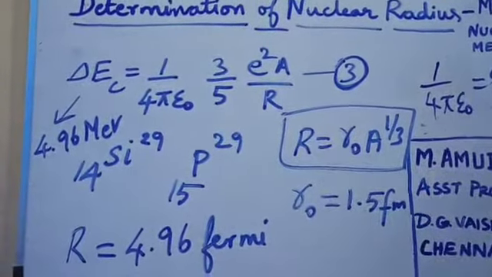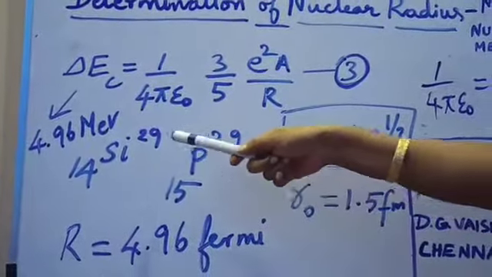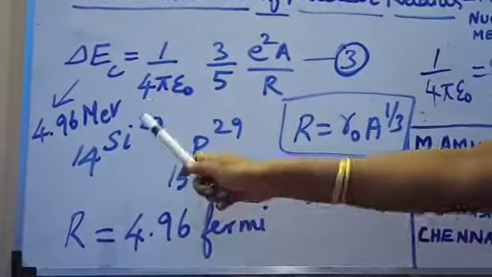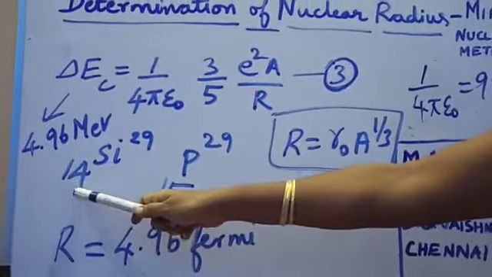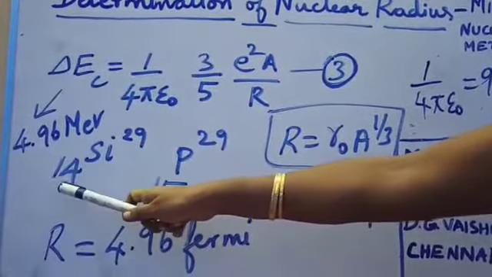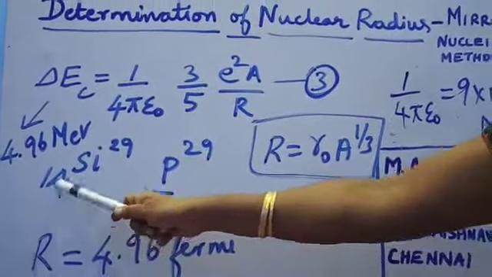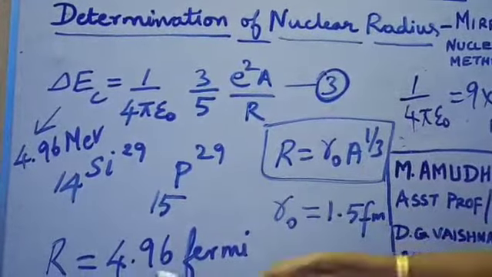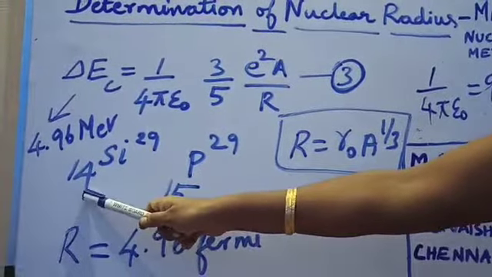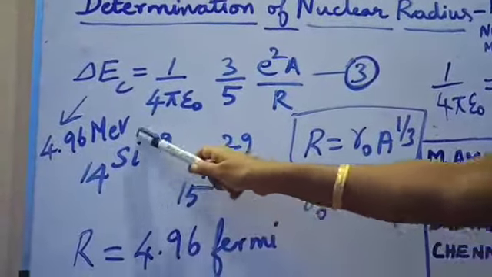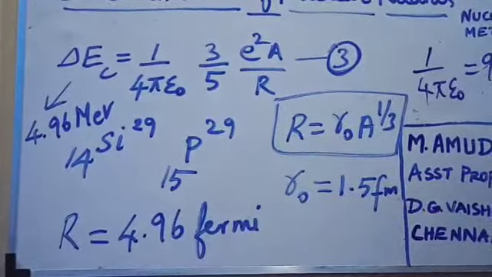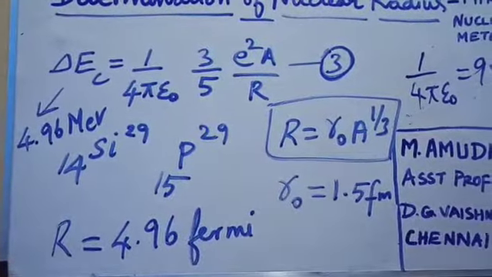So three things you have to understand in mirror nuclei: the A value remains the same for both mirror nuclei; if you take Z as the proton number of one, adding 1 to this gives the proton number of the other; and one more thing, if you multiply Z by 2 and add 1, that gives the value of A, that is 2Z plus 1 equals A. All these things you have to understand in the case of mirror nuclei.